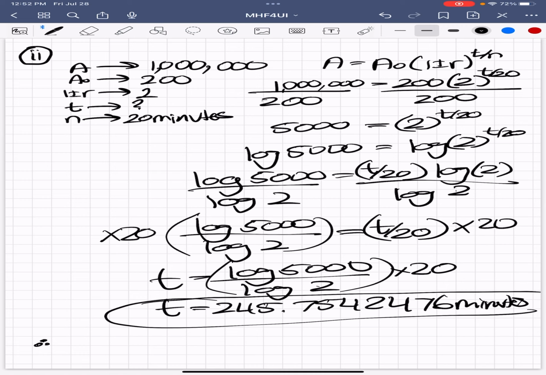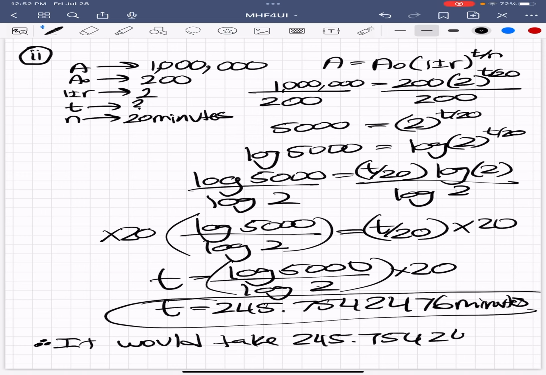So now it's time for the therefore statement. Sorry. So 7542. The 6 would make 7 become 8, 8 would become 5, 5 is the middle point, so I'm going to do 3.